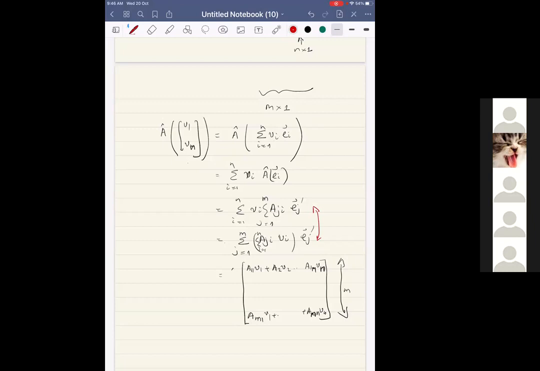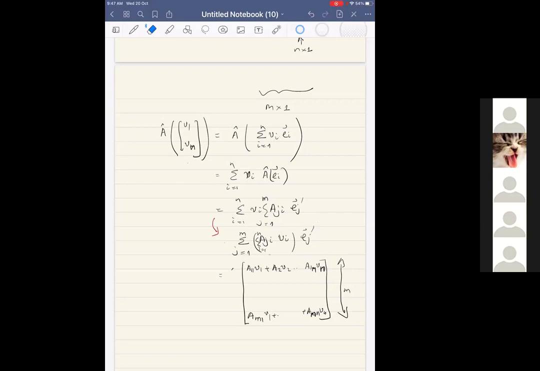Now all I have done is interchange the order of summation J and I here. Look at the red step, from this equation to this equation.